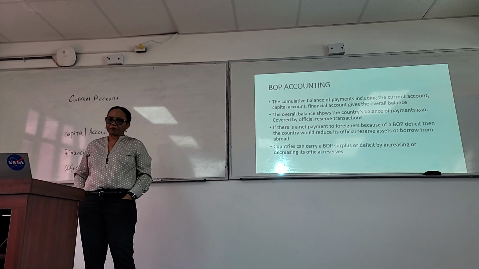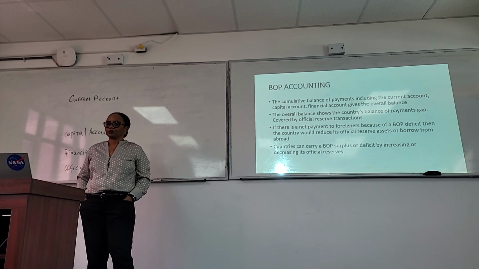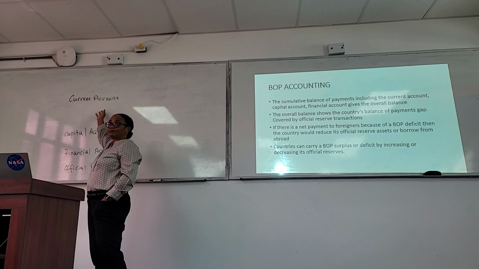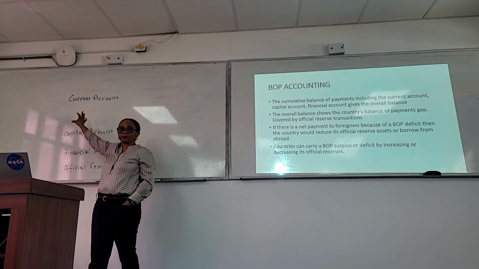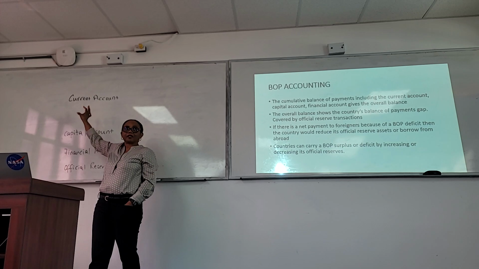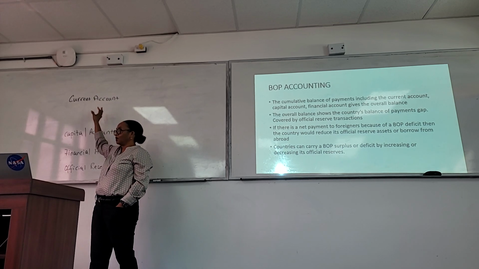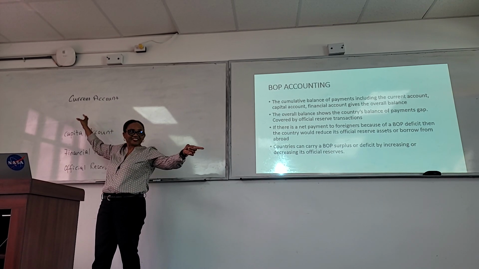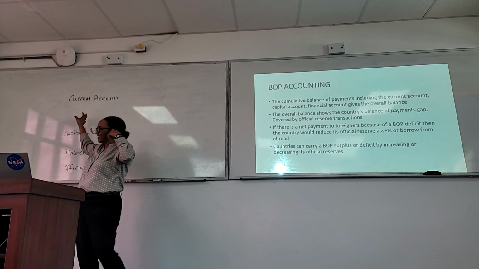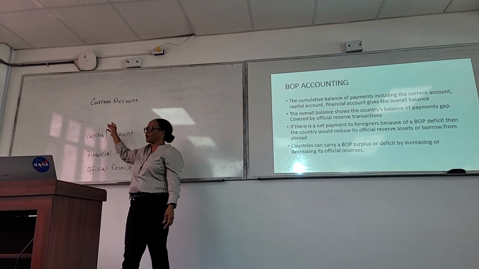And your balance of payments, we divide it up into the current account. What does the current account include? Imports and exports of goods and services. Also, primary income and secondary income.